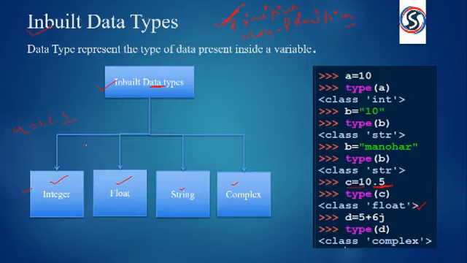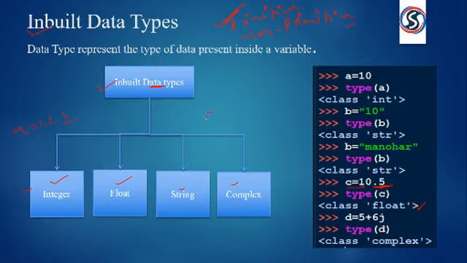Now in the same way, next we have the complex data type. What is the meaning of the complex data type? It consists of a real part and an imaginary part.